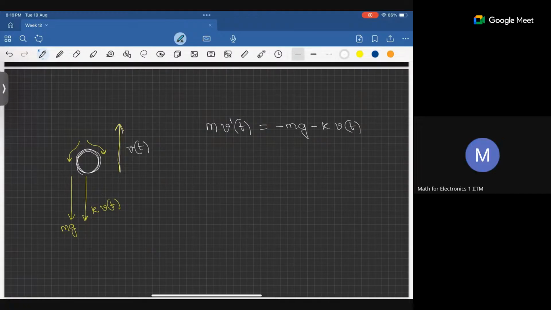Right. And if we simplify this or write this in a nicer way, we'll have m v prime of t plus k v of t is equal to minus mg. And then if you divide the whole equation by m, we'll have v prime of t plus k by m v of t is equal to minus g.